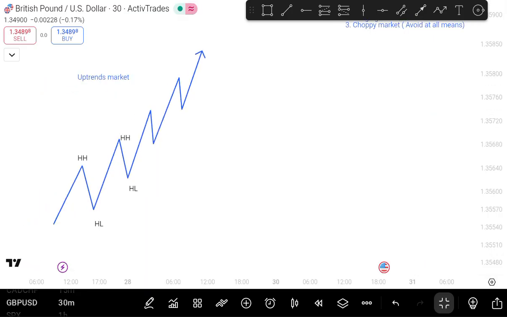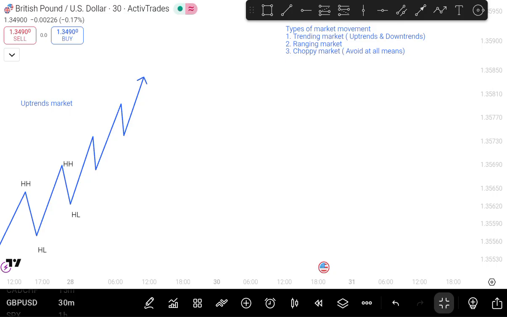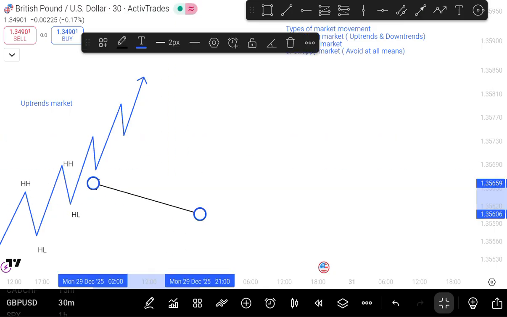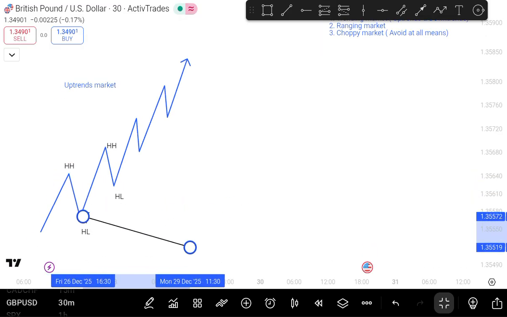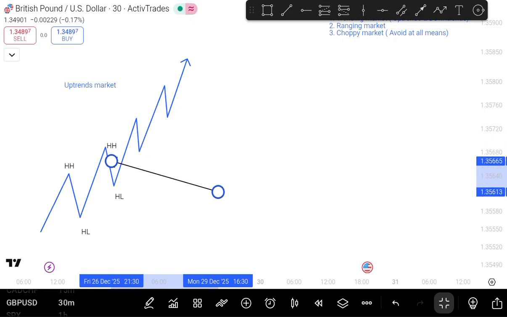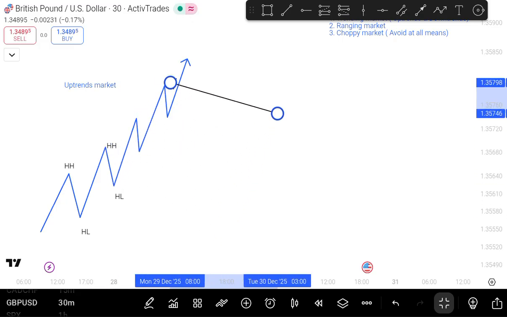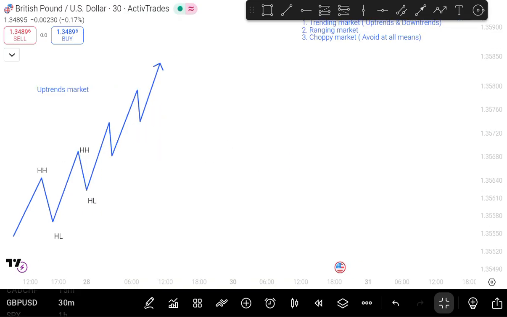When the market is forming the higher high, higher lows, higher high, higher lows, then that market is in an uptrend. So when the market is forming this kind of movement, you are finding buy opportunities. Uptrend is a buy opportunity.